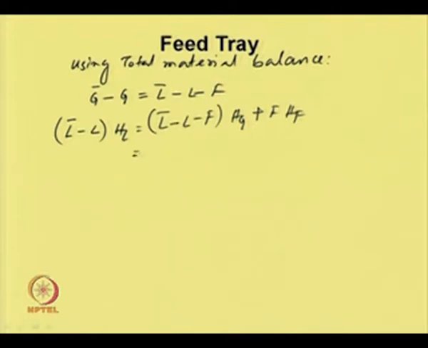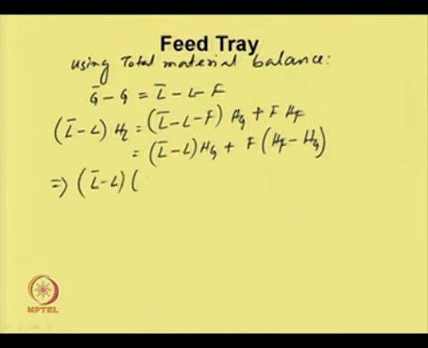If we simplify, L bar minus L times HG plus F HF minus HG, and from this we can write L bar minus L times HL minus HG is equal to F times HF minus HG.